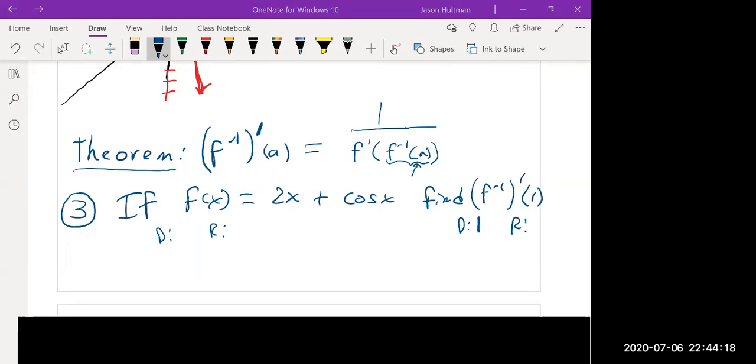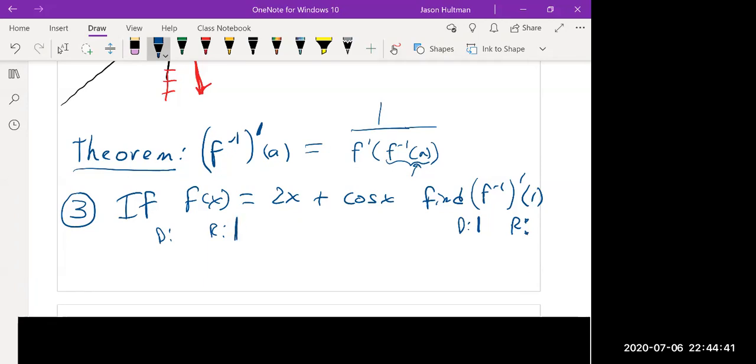Who else said that the range was 1? Okay, that's okay. You don't have to admit it. Okay, so the range would be 1 here.